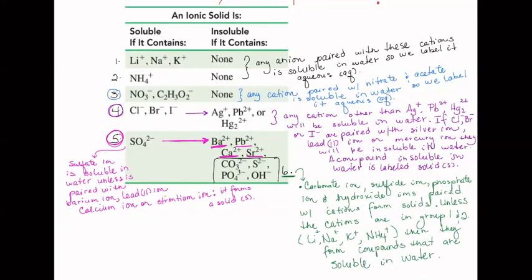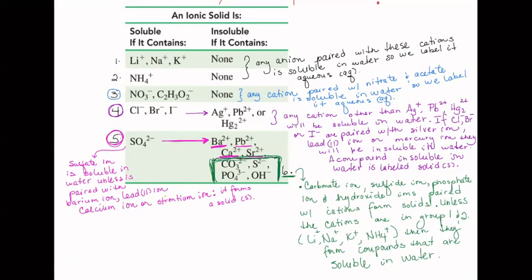So again, these are solubility rules. It actually explains how these cations and anions are going to behave in the presence of water. And the best way that we can actually use this as an application is going to be in double replacement reactions.